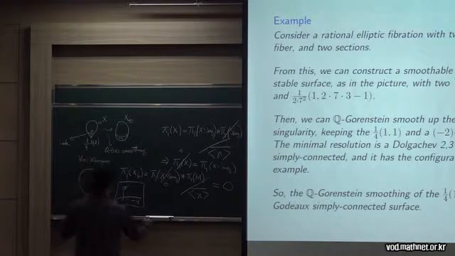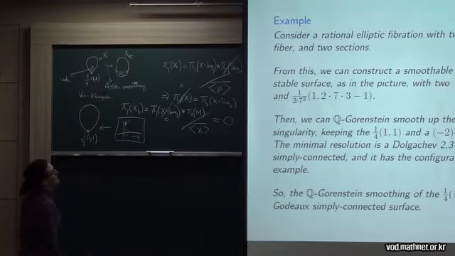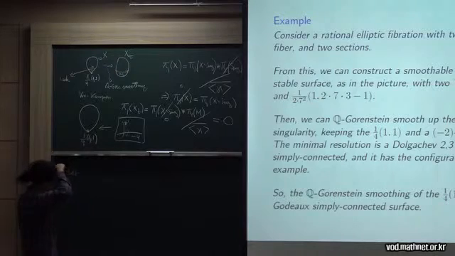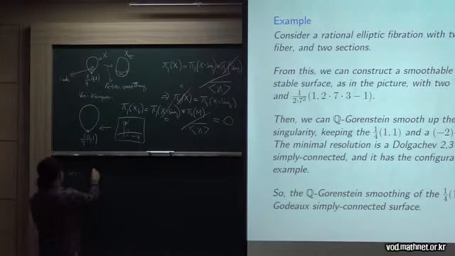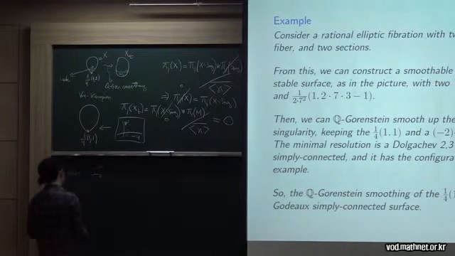Now I would like to explain an example of how this situation appears. So say that we take a rational elliptic surface with sections that has a configuration of singular fibers like this: I0* and, how many? Now I forgot.